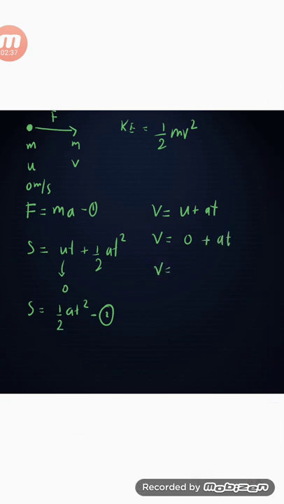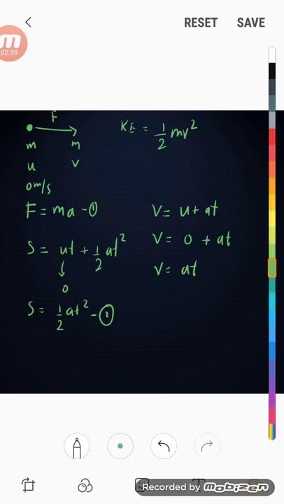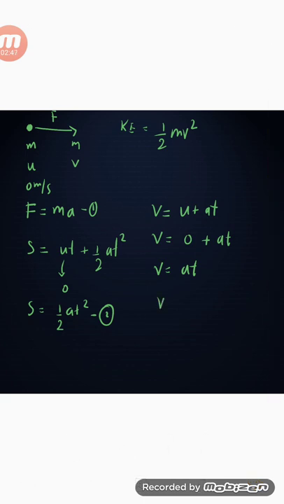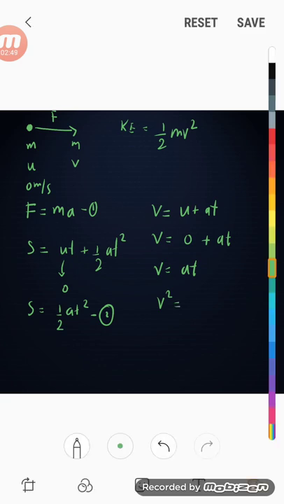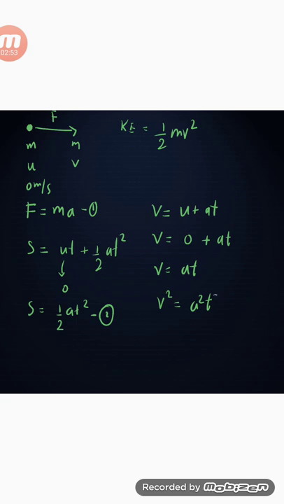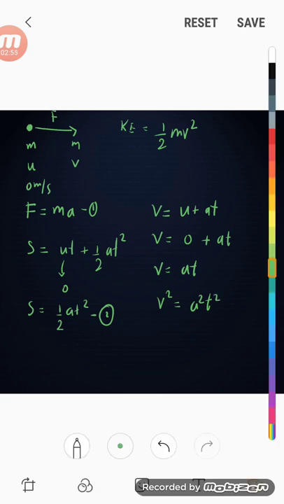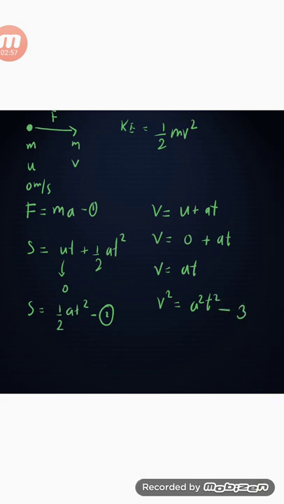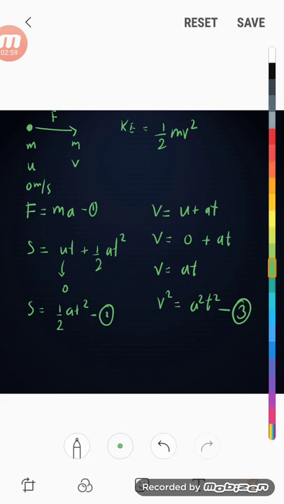So v equals at, right? If v equals at, then what will v square be? v square will be a square t square, right? Let this be equation number 3.